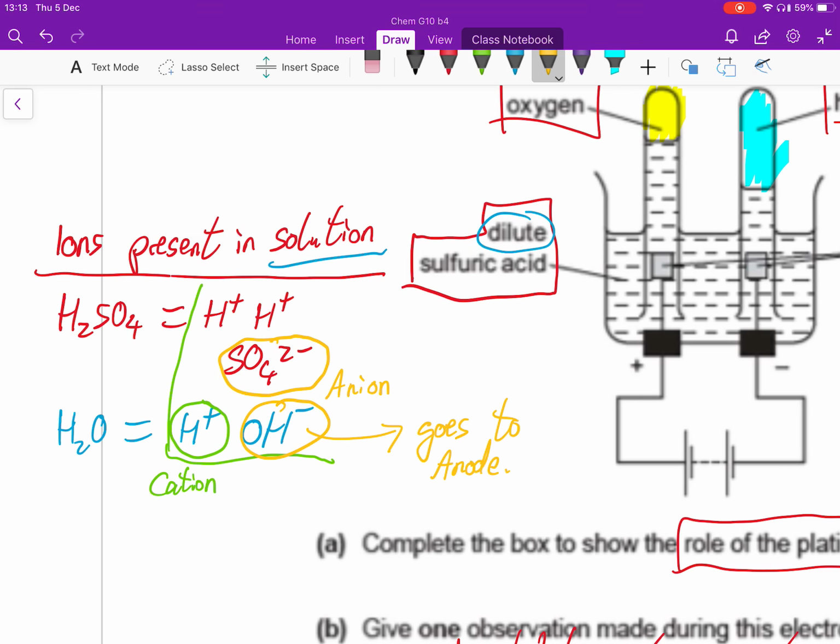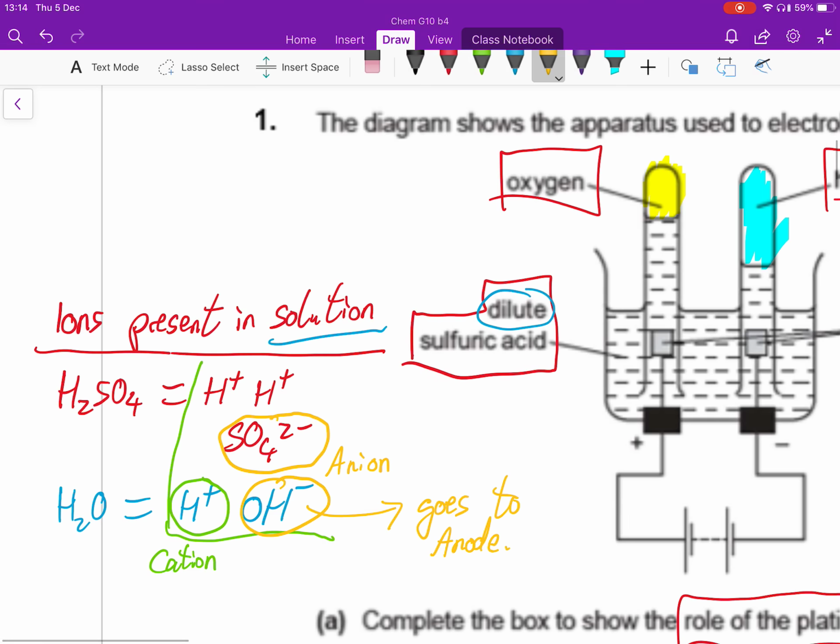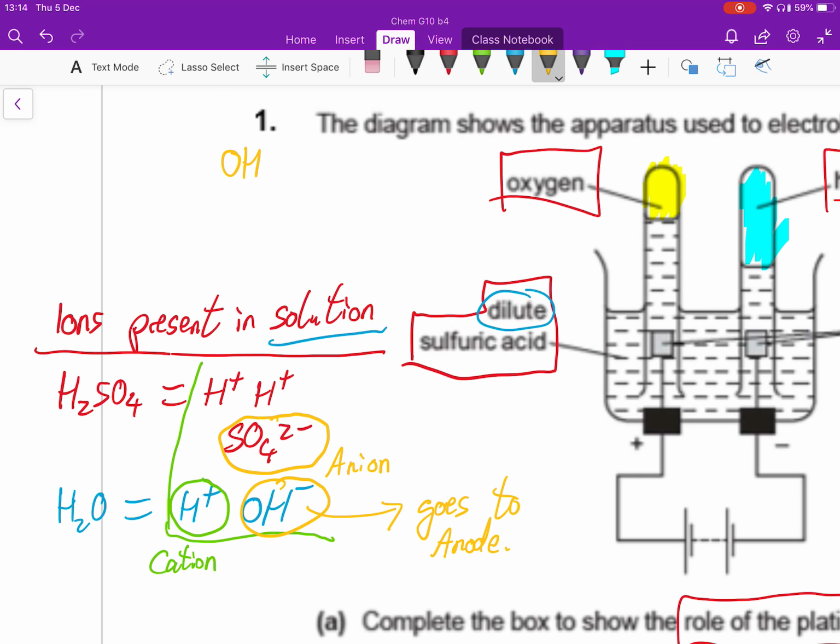I'll say that again, sulfate does not decompose, so it doesn't break down. It stays sulfate in the solution. So OH minus goes to the anode to form oxygen.